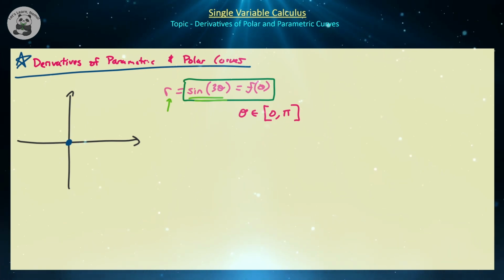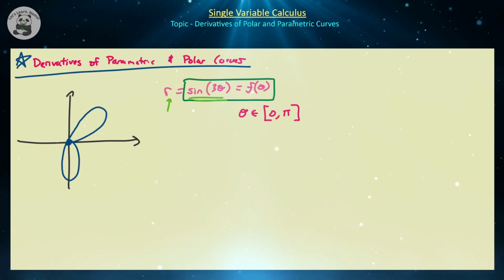So if we go through, for example, 1 pi over 3 unit, that's going to give us the first petal of that rose curve. Pi over 3 to 2 pi over 3 is going to give us that petal, and then from 2 pi over 3 to 3 pi over 3 is going to give us that particular rose petal. Obviously, this should look a little bit more symmetric, right?